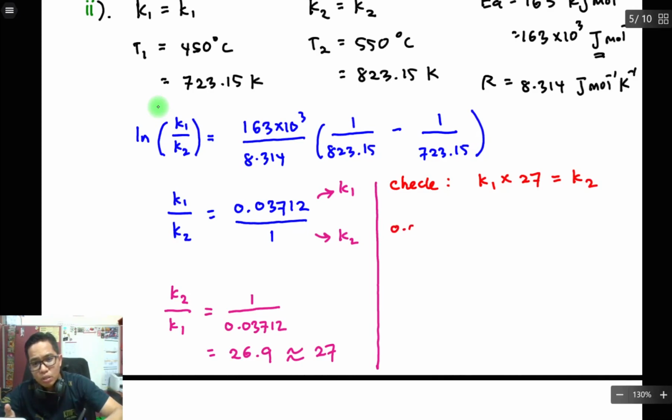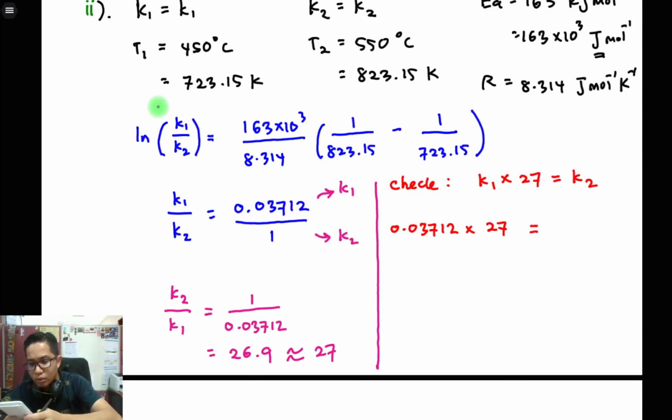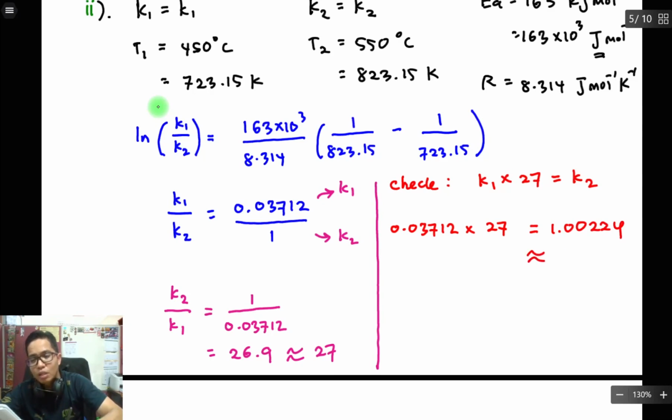K1, 0.03712 times with 27. So dia meningkat sebanyak 27 kali ganda. We should get 0.03712 times with 27. Kita dapat 1.00224. So more or less satu lah. So betul lah yang kita buat tu.